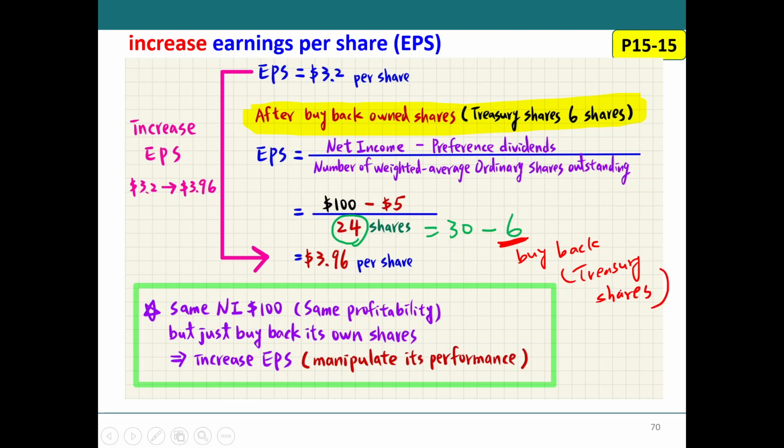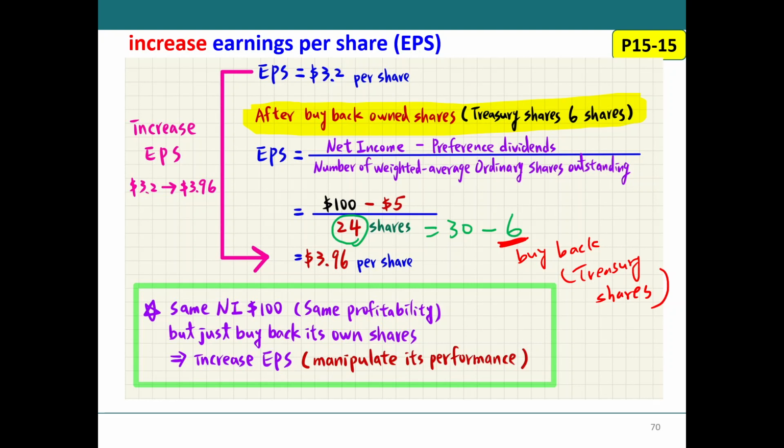Okay? Did you find that the profit belonging to the boss is the same? So you didn't do anything. You just buy back the shares. Did you find your EPS increases? It makes them think your performance is better, but actually, no. Your profit is still the same, 95. You just buy back the shares. You could manipulate the numbers to make EPS increase.